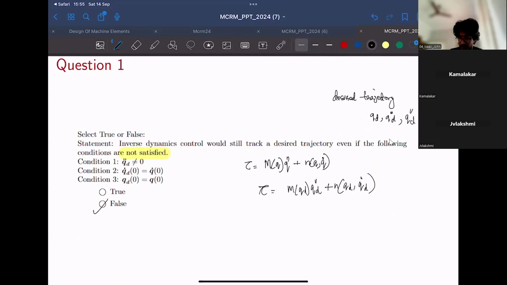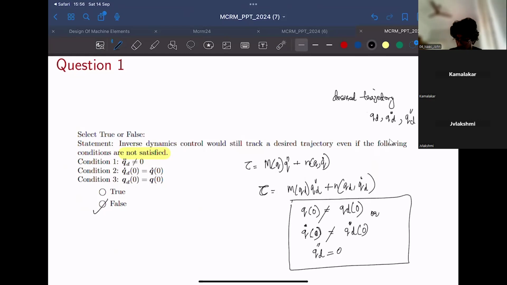And this method would fail if q desired double dot is 0, and if the initial conditions, the actual q of 0 and the desired initial positions are not equal, and the initial actual velocity and the initial desired velocities are not equal to 0. So the criteria for this method to fail would be this.